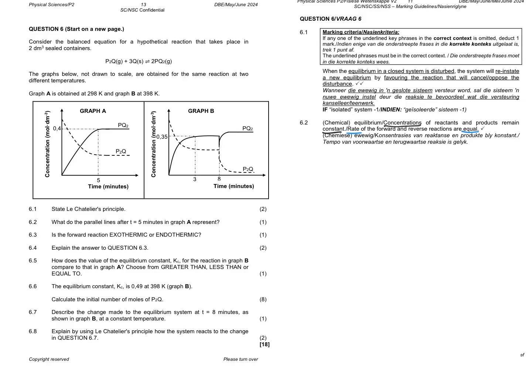In graph B, in roughly the same amount of time. So it took 5 minutes in graph A, and it took 3 minutes in graph B. You get a concentration of 0.35. The difference between graph A and B is the temperature. So graph A is a lower temperature and graph B is a higher temperature.